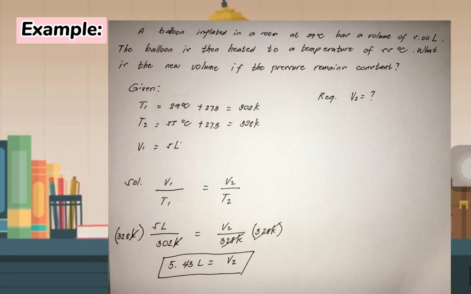So we will multiply both sides by 328 Kelvin. After cancellation, the remaining will be 328 times 5 liters over 302 equals volume 2. So multiply 328 times 5 liters, then divide by 302. So the remaining will be 5.43 liters, and this will be our volume 2.